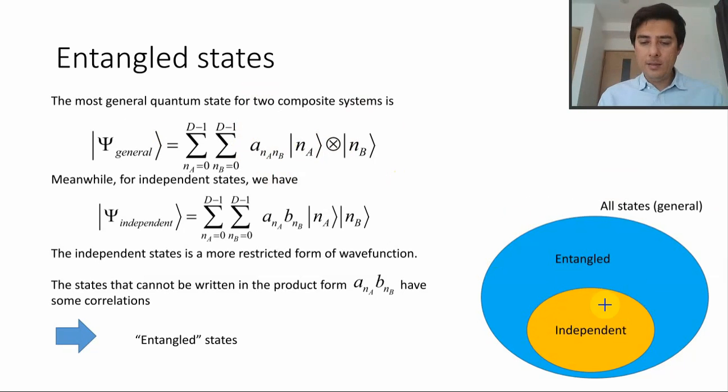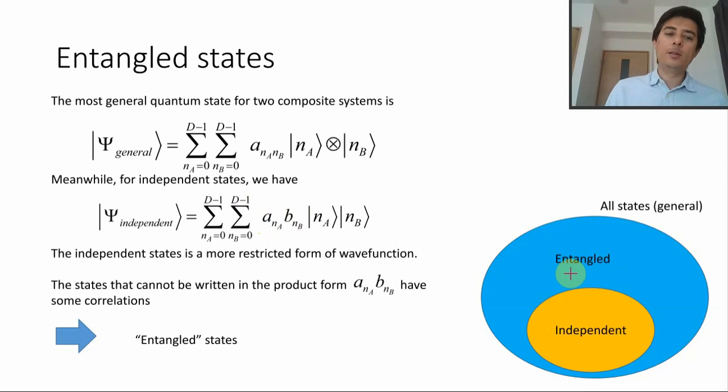So there are basically two classes of states: ones where you can write them in this independent form, or states which you cannot write in this form, and this is the more formal definition of entanglement in terms of the pure states that we're going to be looking at here.